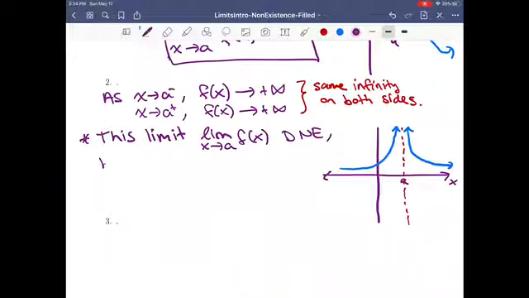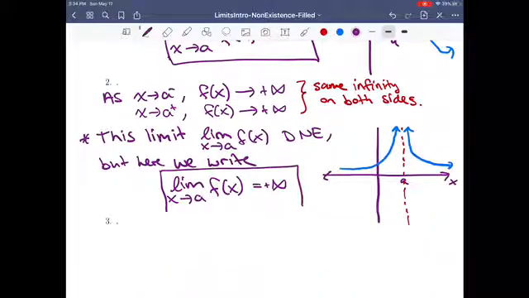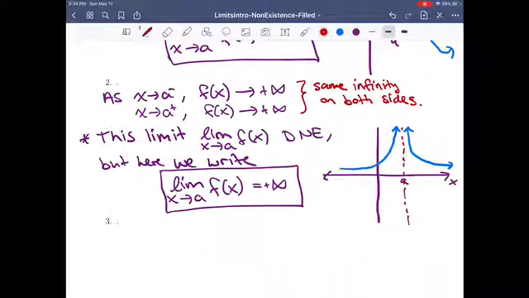But here we use some bad notation, and we would write that the two-sided limit of f of x as x goes to A equals infinity, positive infinity in this case, or negative infinity if that is the one they approach.